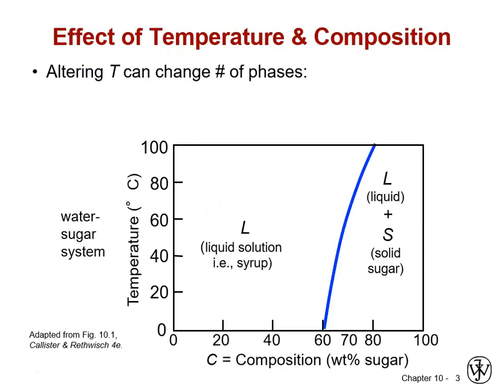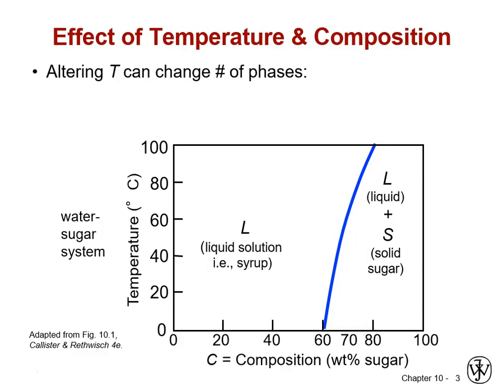Okay. Going back to our sugar-water solution, we're going to start looking at the effect of changing what we call state variables. If you've taken some mechanical engineering classes, you might be used to hearing about state variables in terms of enthalpy and entropy. From your physical chemistry courses, you're probably used to hearing about state variables, again, in terms of enthalpy and entropy, but maybe also Gibbs free energy.